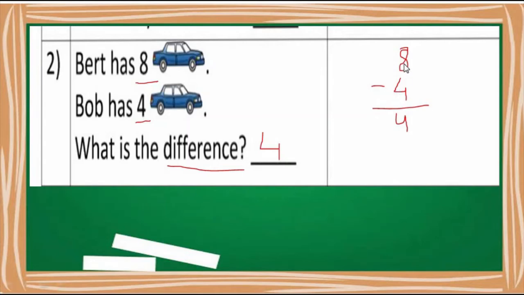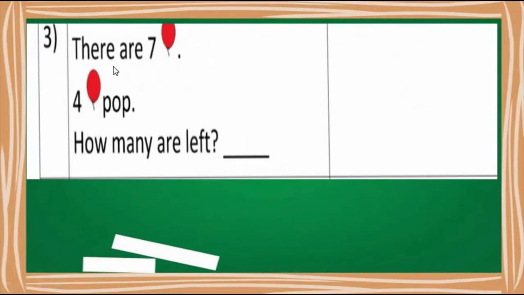After that, we have to subtract both numbers, and by subtracting 4 from 8, we get 4. So, it is the difference between the cars these two persons are having. Hope you all understand these problem sums easily.